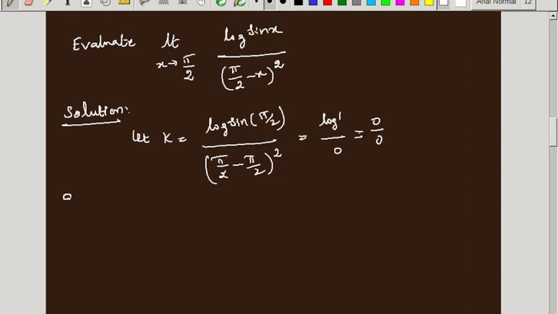Now apply L'Hospital rule. So it is nothing but differentiating numerator and the denominator. So here numerator is log sin x is there.